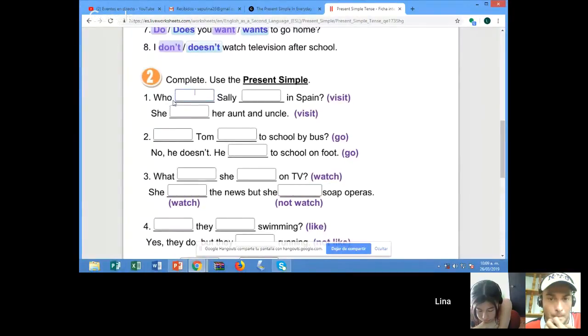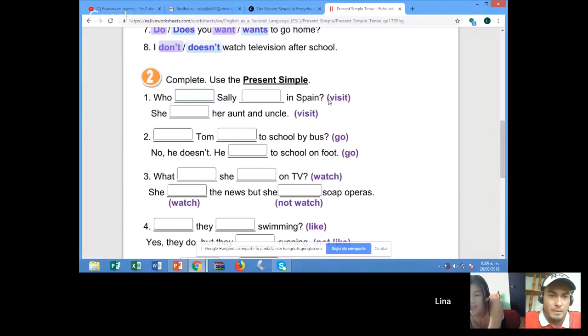So remember for the question, here we are talking about a female person, third person. So which one is this one? If we are going to use visit as the verb.